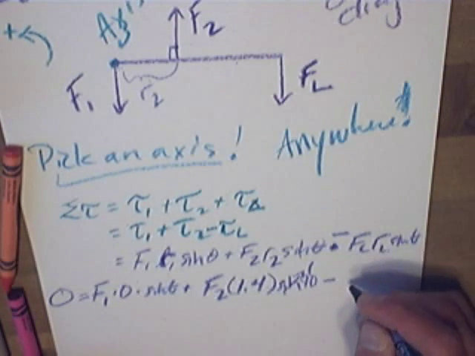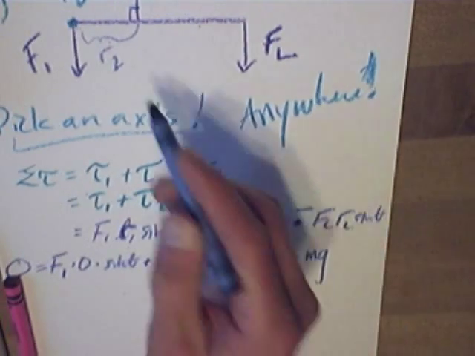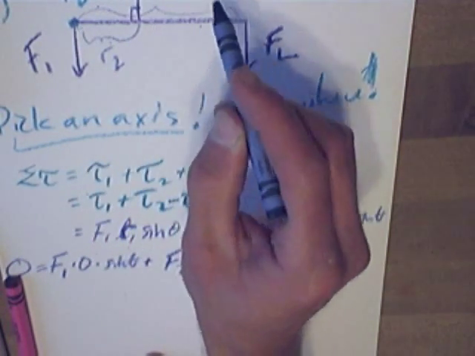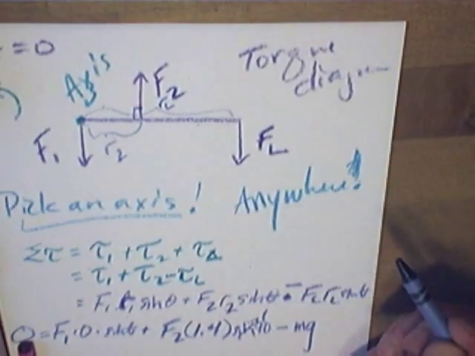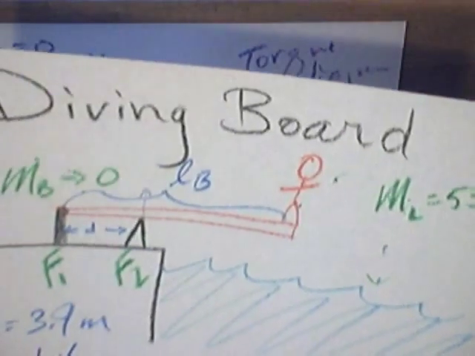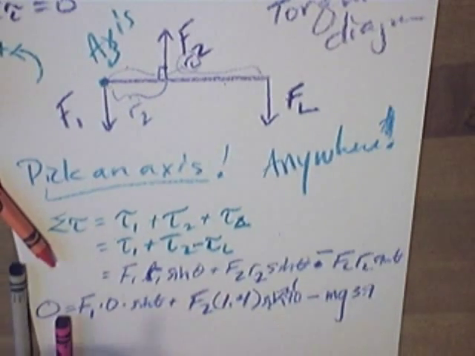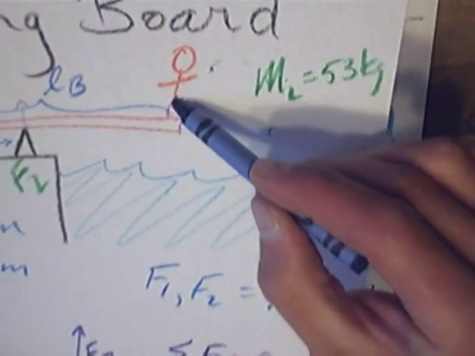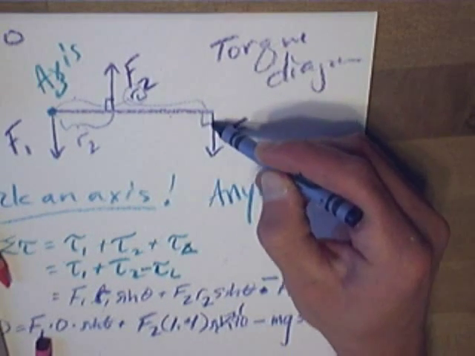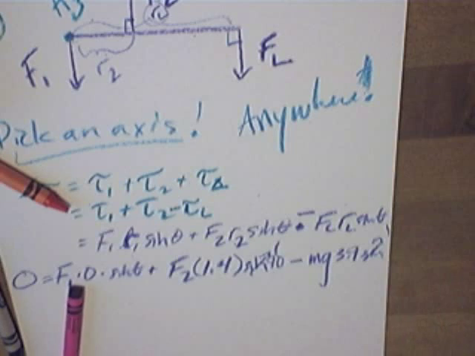Minus the force of Lubbs, which is the force of gravity, my mass times gravity, times the distance to me, RL, which is the length of the board, 3.9 meters, and the angle between us is 90 degrees. Sine 90 is 1.